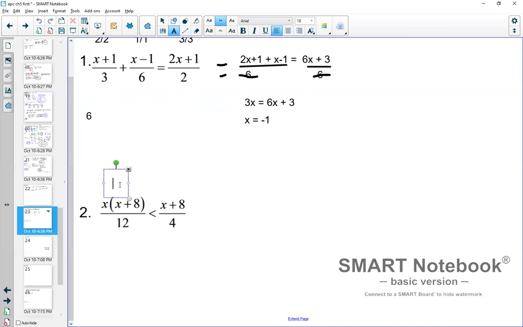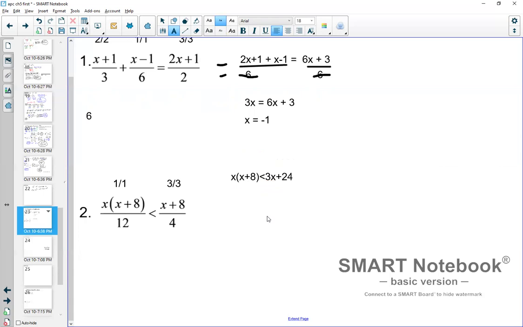So we're going to times this by 1 over 1 and this by 3 over 3, so both denominators become 12. So we got x plus 8 is less than 3x plus 8 times 3, which is 24.